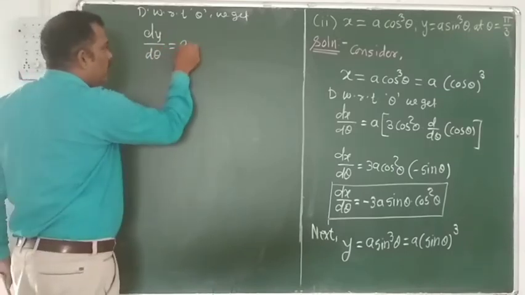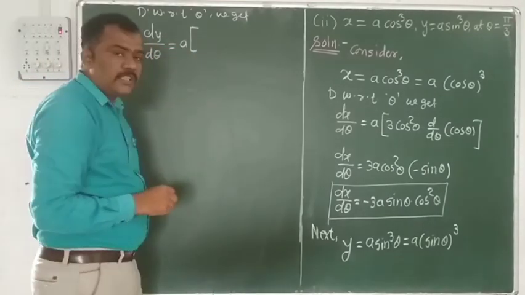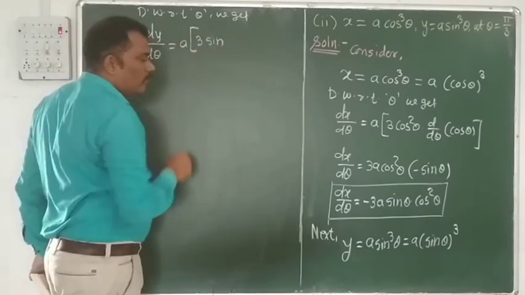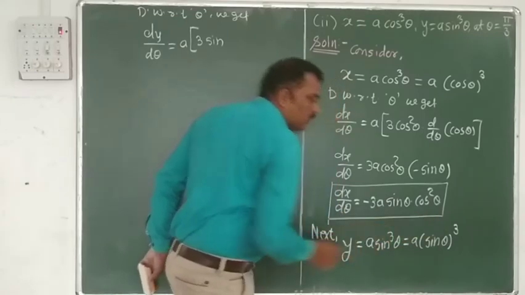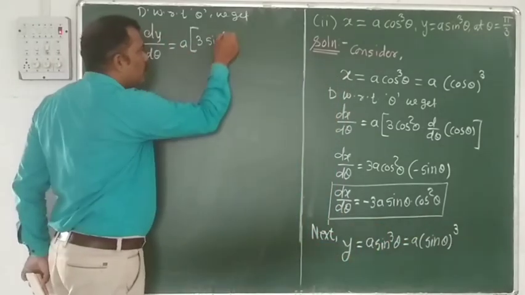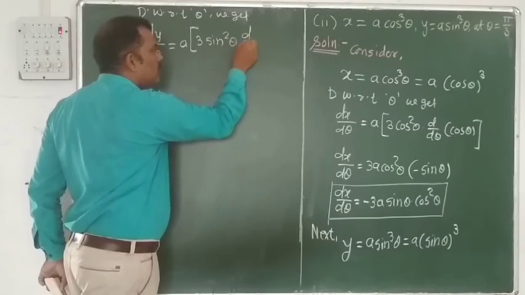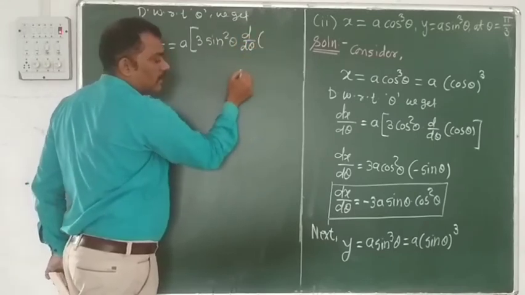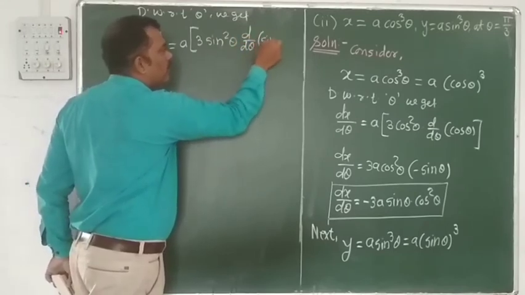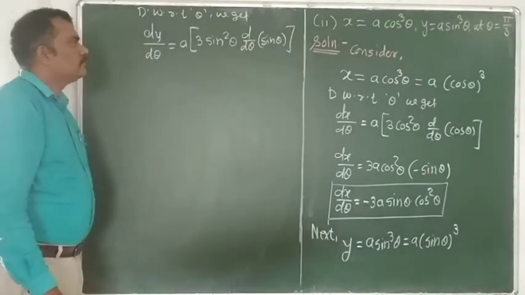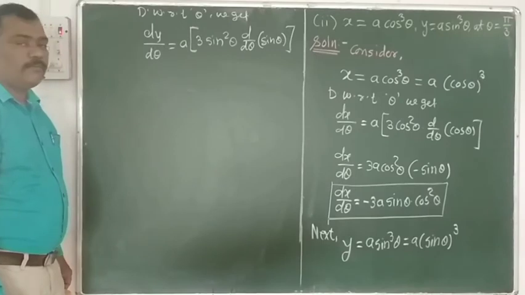A into, by using the power function formula, we take the power as it is. From the power we subtract 1, 3 minus 1 is 2. So we write 3 times sin square theta into the derivative of sin theta.